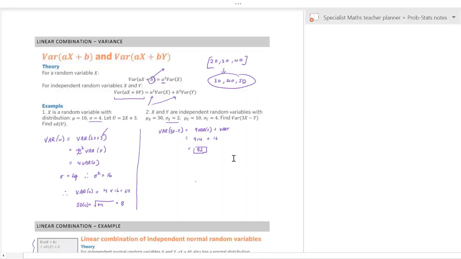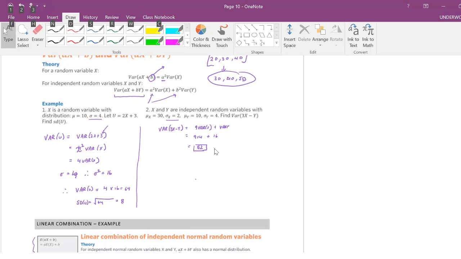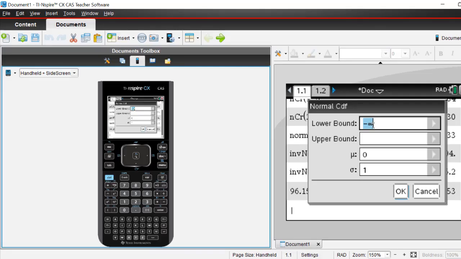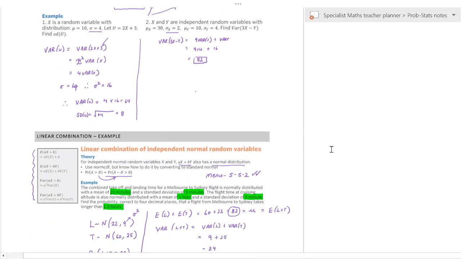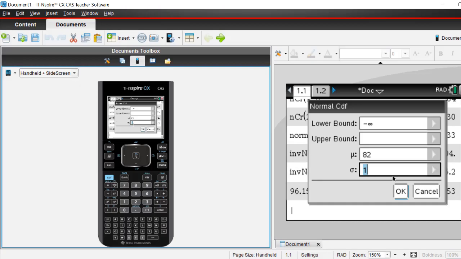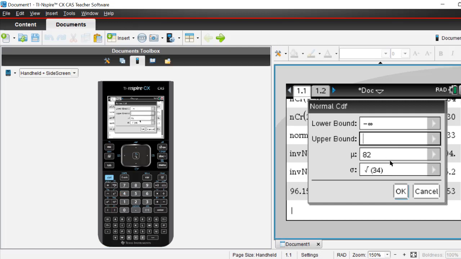We're looking for the value which is our lower bound. Now remember, our mean is 82. We don't need to do a standard normal distribution here. What is our standard deviation? It's root 34. Now be very careful here. Sometimes you do this with 34. I think this one will work okay, but there's some bugs in other ones.